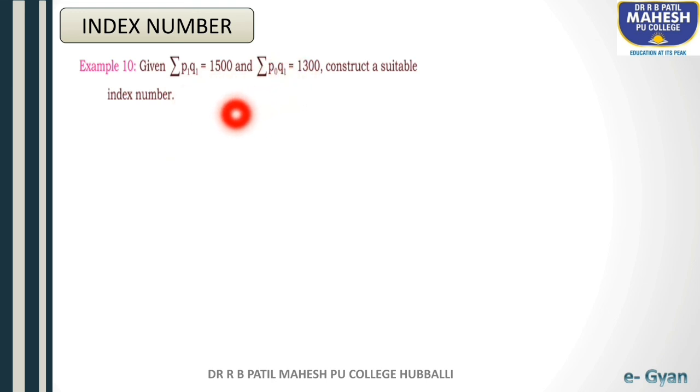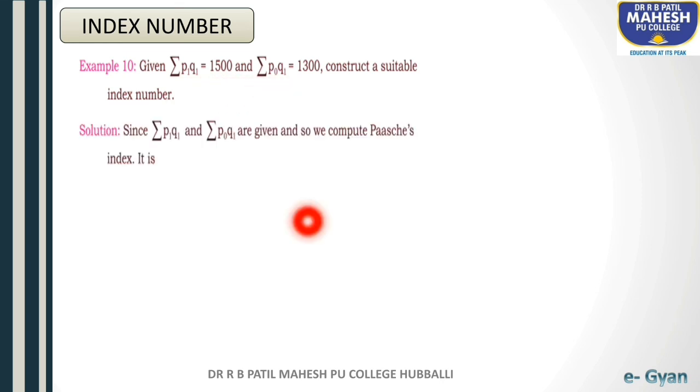Summation P1 Q1 is given, summation P0 Q1 is given. So Paasche's index number is suitable. Write the Paasche price index number. The formula is summation P1 Q1 divided by summation P0 Q1 into 100.